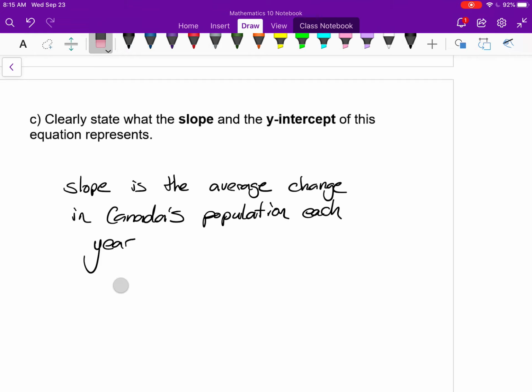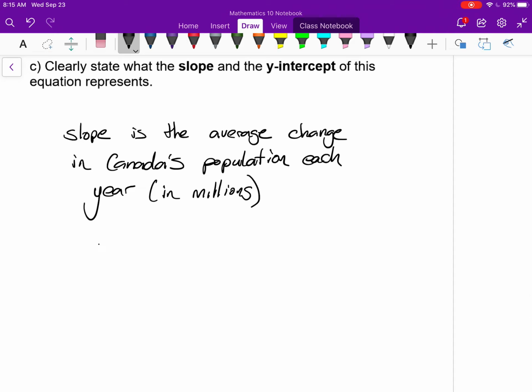Maybe I'll make a little note up here, change in millions. So if you look at your graph, the y-axis is in millions. And so, that means about 314,000 people a year. 0.314 million is about 314,000. So that's what the slope represents.